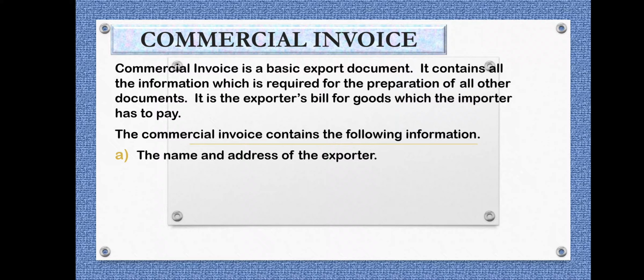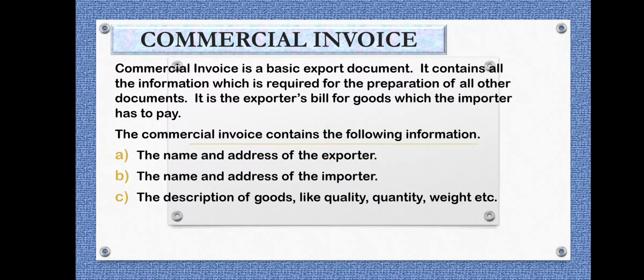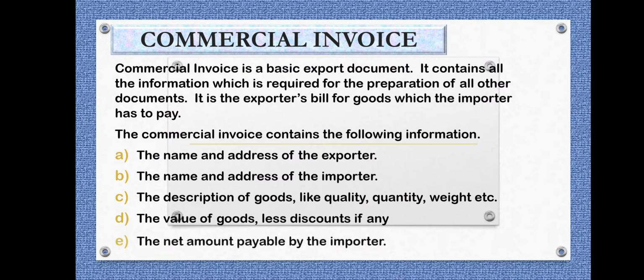First, the name and address of the exporter. Second, the name and address of the importer. Third, the description of goods like quality, quantity, weight, etc. Fourth, the value of goods less discounts if any. The net amount payable by the importer.